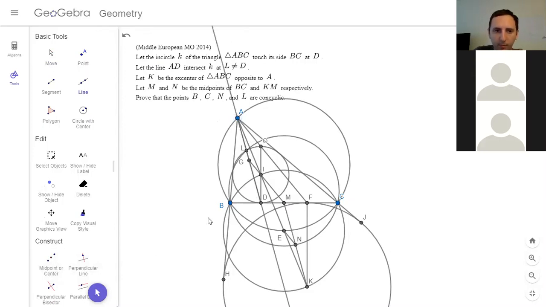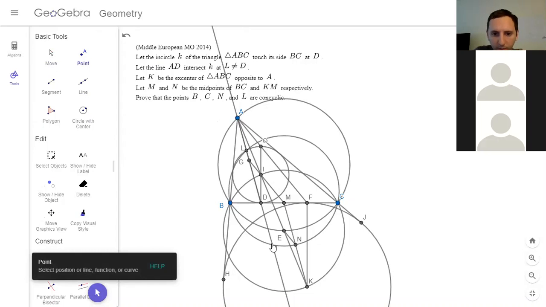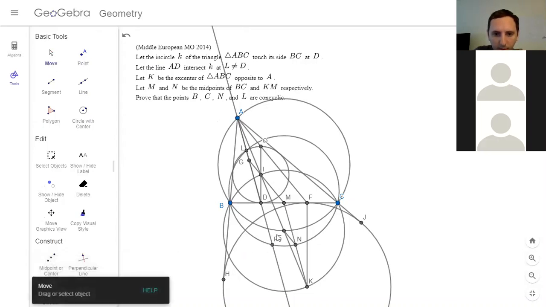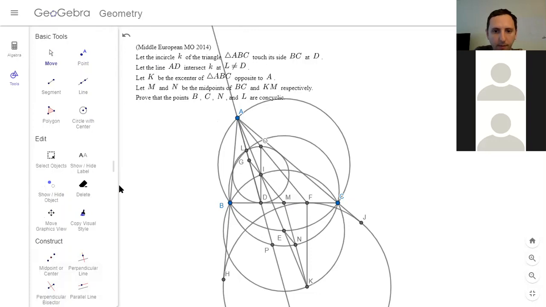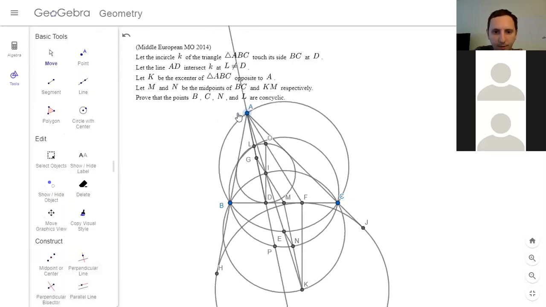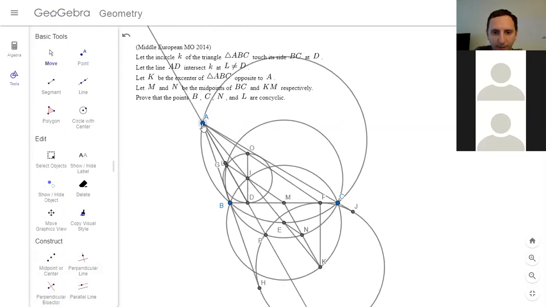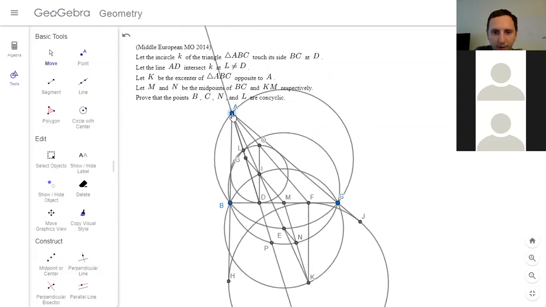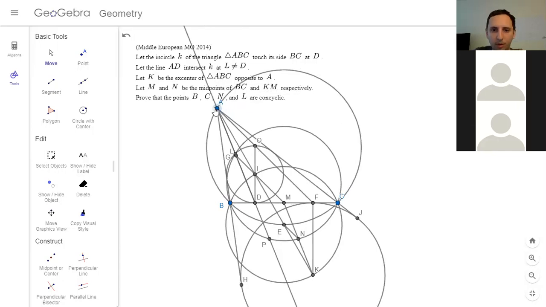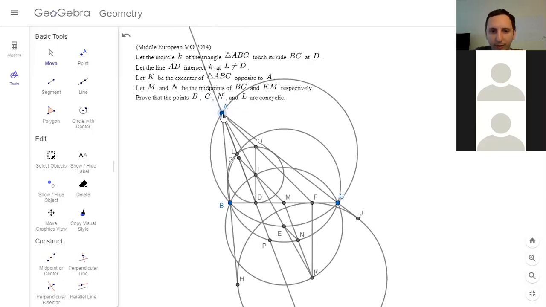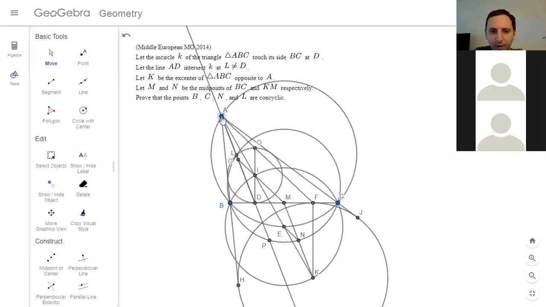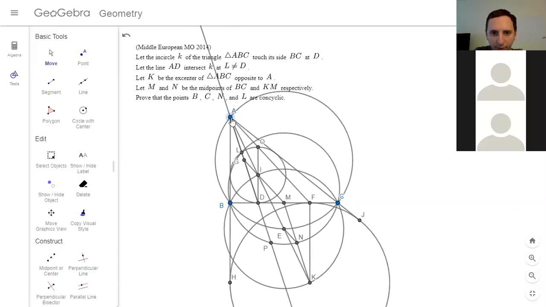Is this point, so if I draw this, is PN parallel to BC? I think PN is parallel to BC. And then we could use power of a point, and that passes through point D. So I think that's probably a good strategy.